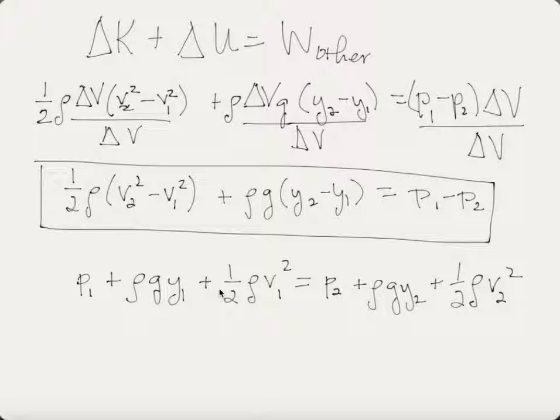So Bernoulli's equation: pressure, flow speed, and height in a fluid. Subscripts 1 and 2 refer to any two points along a flow tube. Bernoulli's equation may also be written as P plus rho G y plus 1/2 rho V squared is equal to a constant.